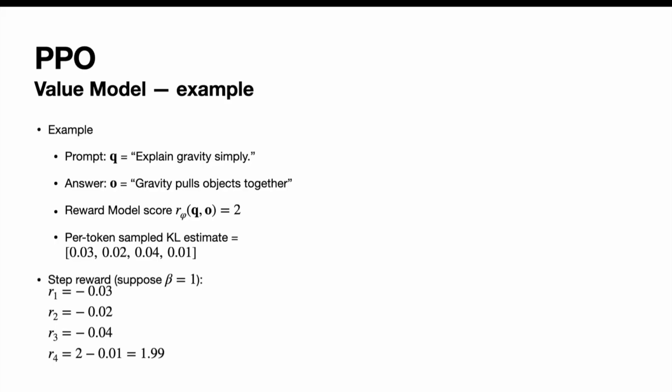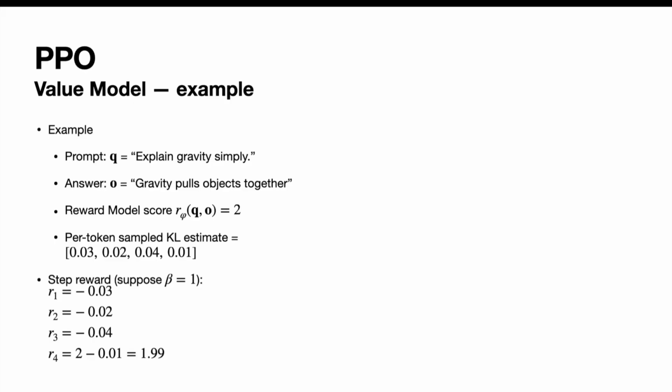If we set beta equals 1, then the step rewards are calculated like this. For the first 3 tokens, the reward is only the negative KL penalty. So we get r_1 equals minus 0.03, r_2 equals minus 0.02, and r_3 equals minus 0.04.